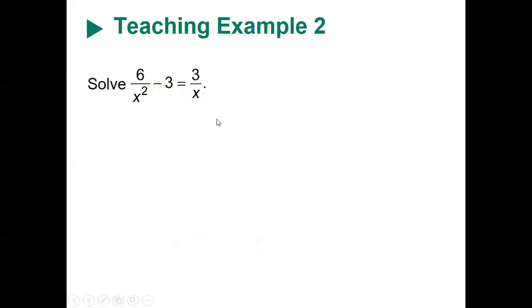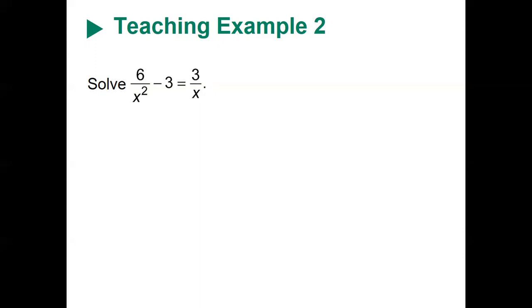So now we have 6 divided by x squared minus 3 equals 3 divided by x. So when we look at this, do we have a common denominator across the board? No, there are two different denominators, right? So before you can do the other side, we're going to deal with one side at a time. So we have 6 divided by x squared minus 3.